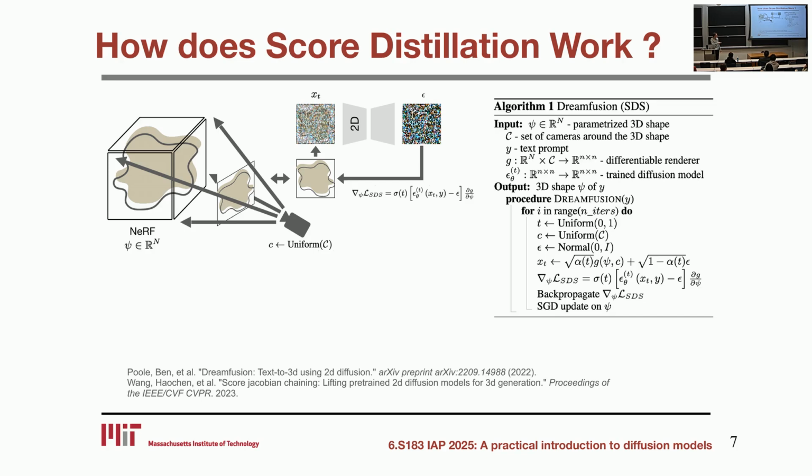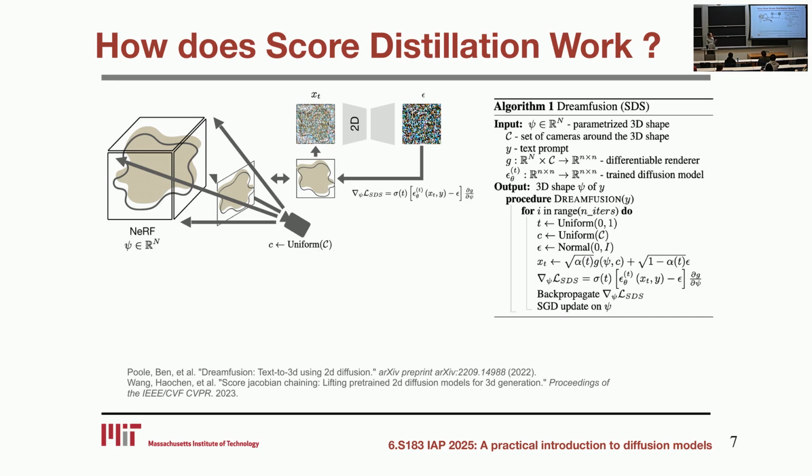And finally, there is this formula, which says that the gradient of some loss function, and we don't know yet what this loss function is, is defined as the difference between sampled noise and the predicted noise, and then rescaled with some parameters. And so what we do, we take these gradients that are defined by this magical formula, and we just plug them in as a direction of improvement for this image, and backpropagate.